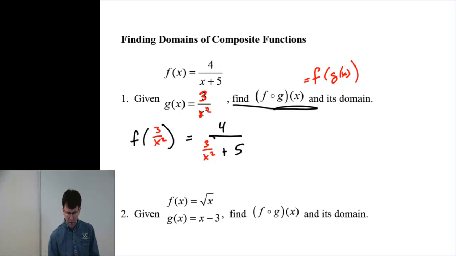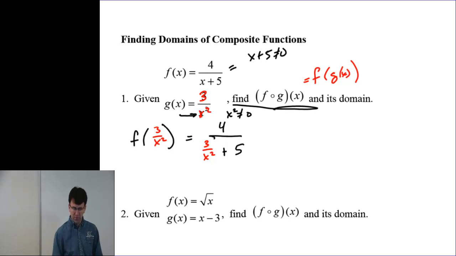So what needs to happen here is I need to identify that this cannot have X plus 5 equal to 0, because that will create a 0 denominator. And then I also have this original function here that says X squared cannot be equal to 0, because that's when that wheel is going to come off the bus.